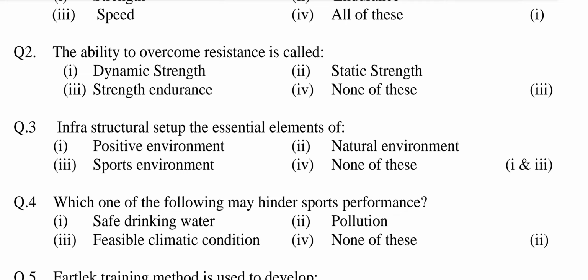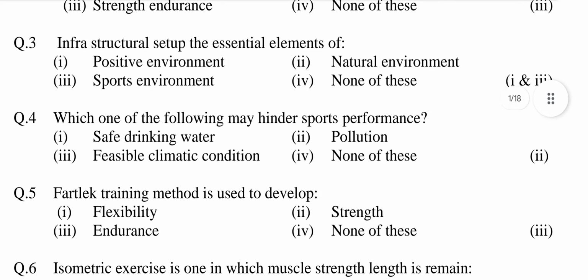Question number 4. Which one of the following may hinder sports performance? Option first, safe drinking water; second, pollution; third, physical climatic condition; fourth, none of these. Answer is option second, pollution.